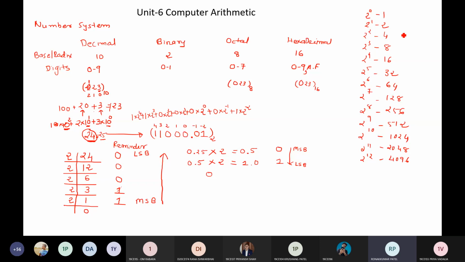This thing, and another 1k. If here it is 10 raised to 3, then in 2 raised to form it is 2 raised to 10. 1m is equal to 10 raised to 6 or 2 raised to 20. 1g is 10 raised to 9 or 2 raised to 30.